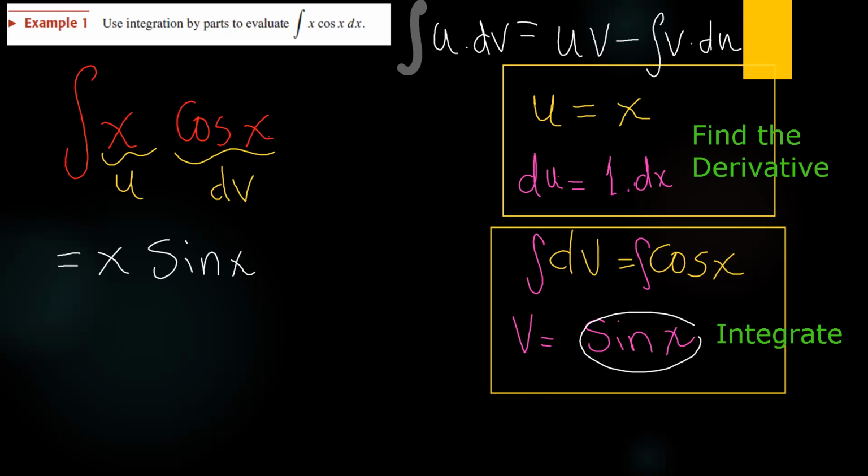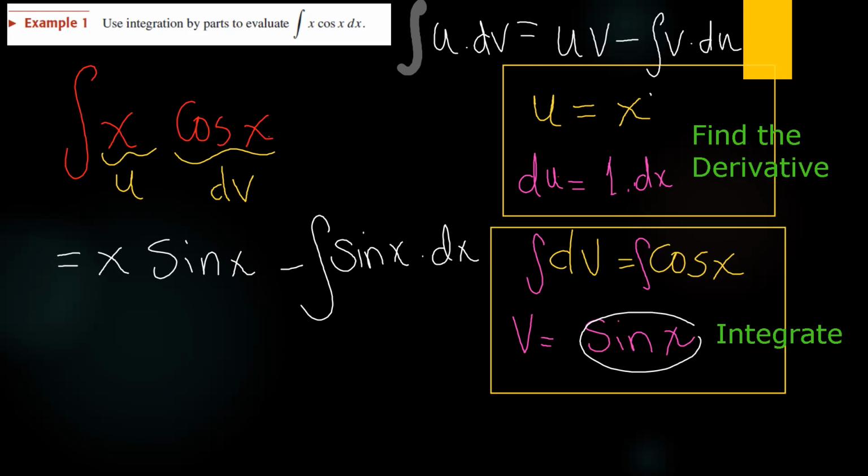So it is x sine x minus the integration of v. Where is v? It is sine. So the integration of sine of x times du. Where is du? It's dx. Let's repeat.